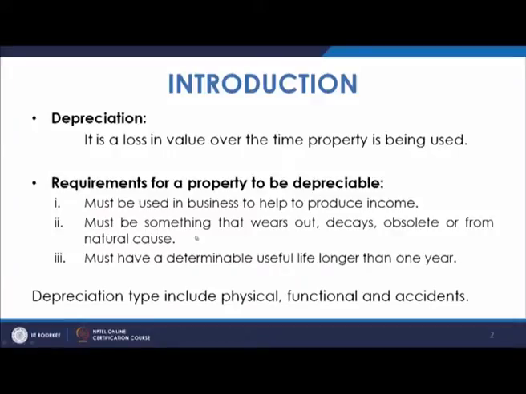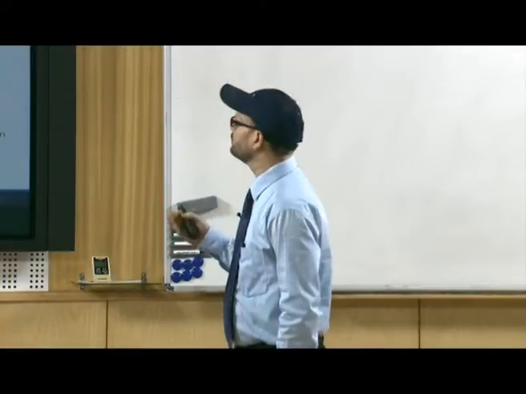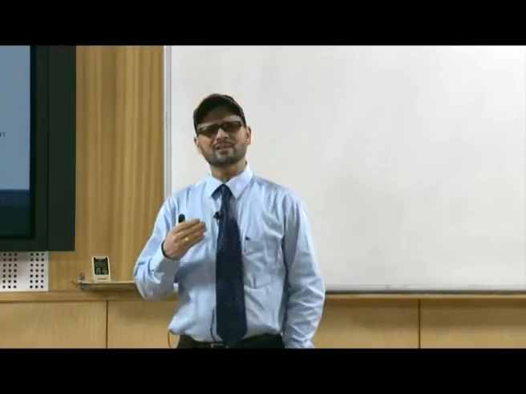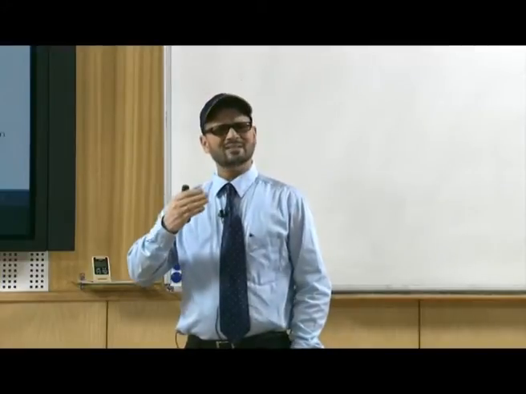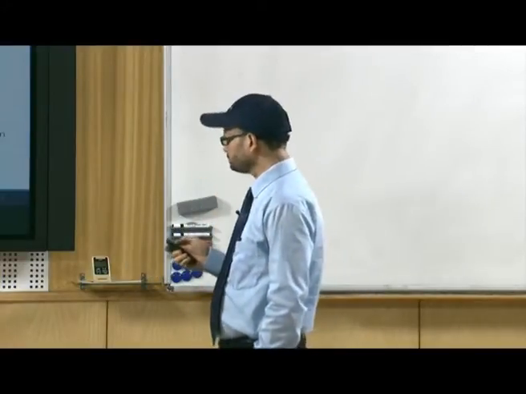Now, there are requirements for a property to be depreciable. The requirement is that it should be used in business so that it can produce income. Only those items which can give you income are treated under this category.